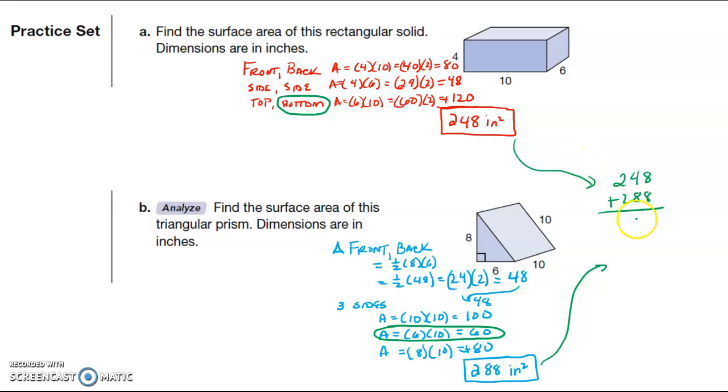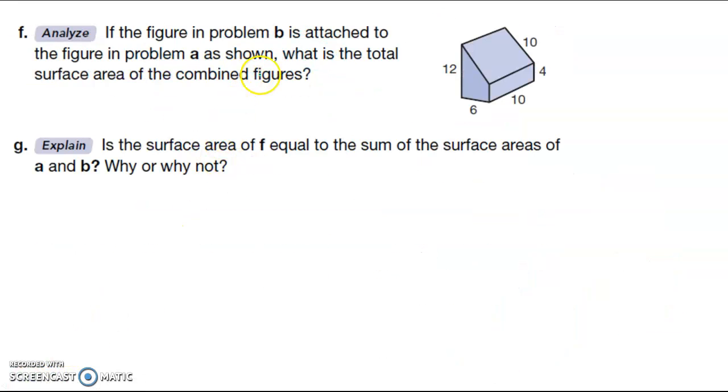I get 536, but I'm going to subtract out, like here I'm going to subtract out 60, and I get 476, and then here I'm going to subtract out another 60 and get 416, and that's going to be my answer to this one.